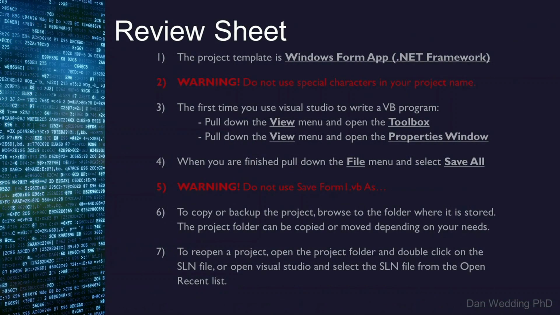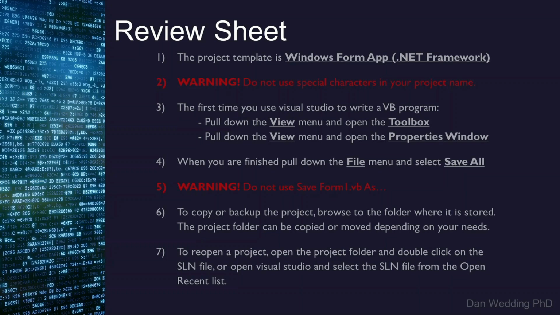In review, the project template is Windows Form App using the .NET framework. Do not use special characters in your project name. The first time you use Visual Studio to write a Visual Basic program, pull down the View menu and open the toolbox. Then, pull down the View menu and open the Properties window. When you are finished, pull down the File menu and select Save All.